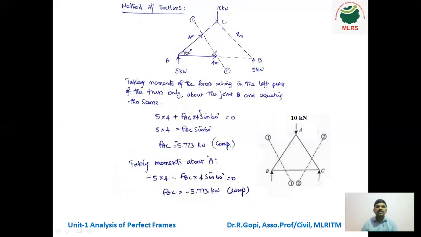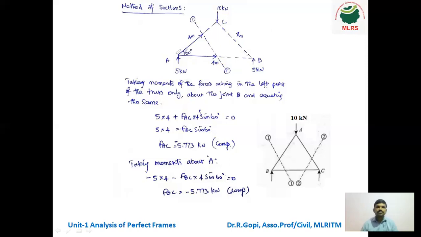What is the opposite joint of the member? It is C. You can see here, this is AB and this is the opposite joint C. So at point C only, we have to take moments for finding the force in member AB.